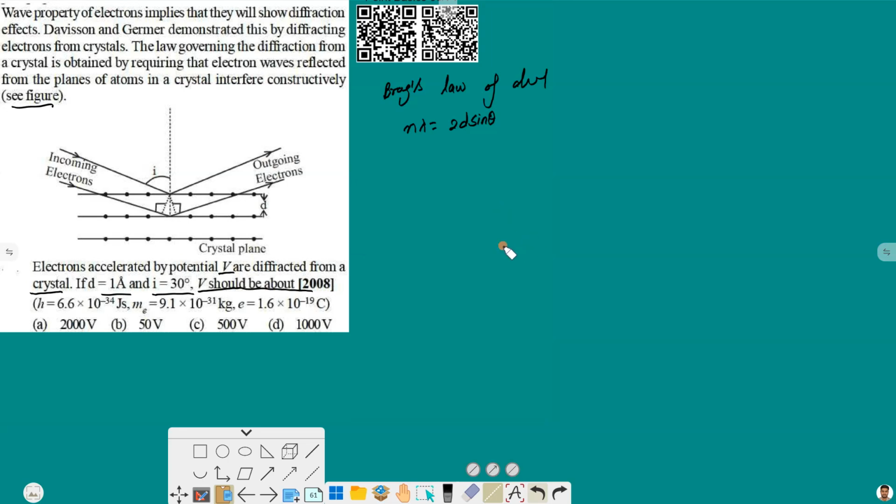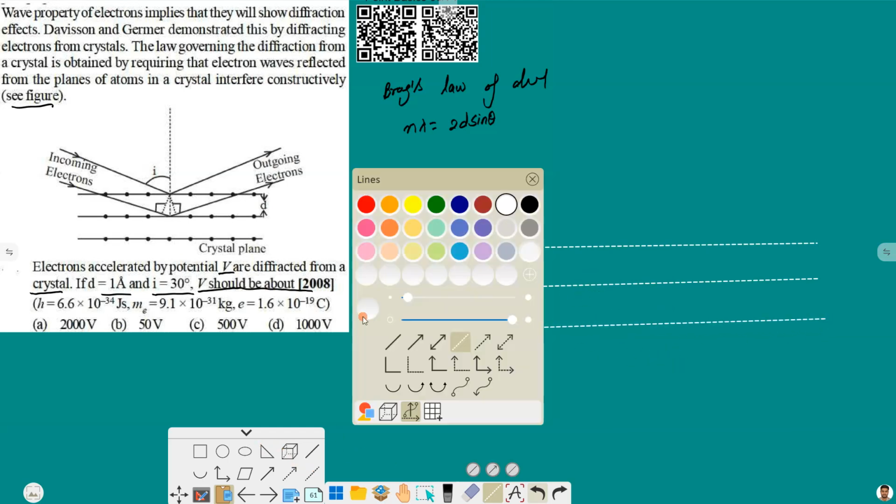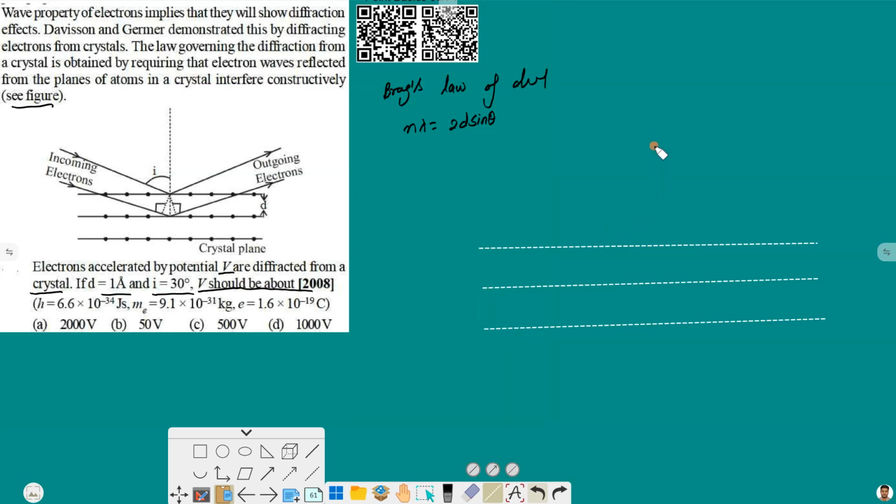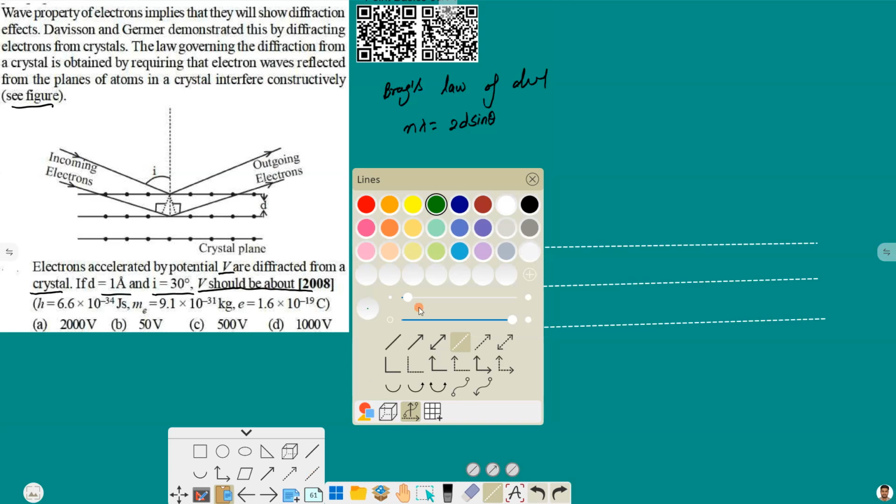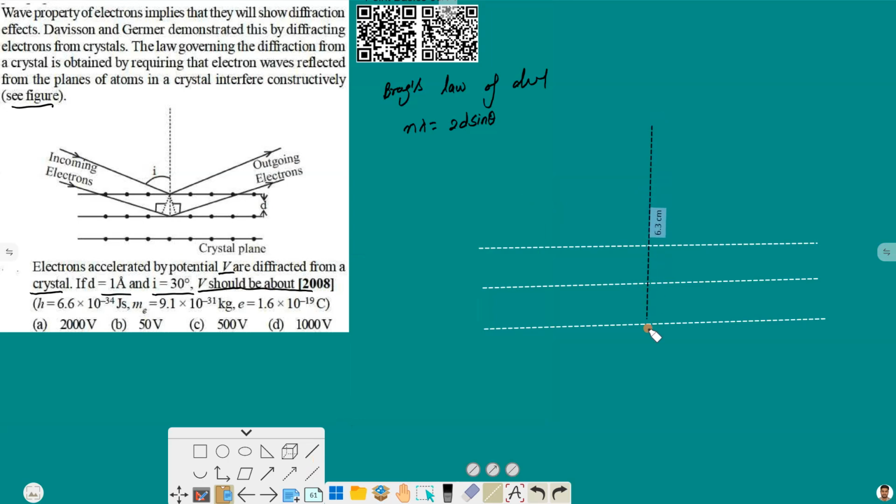So let this be a crystal structure, and this be our normal. I think it will work fine. No, it will not, so I have to choose a different color. Let's say black. So this is our normal to the surface. Now let's take an incident radiation.